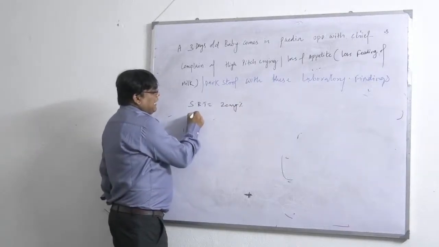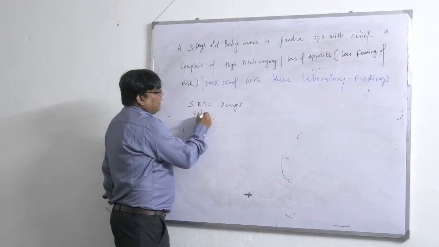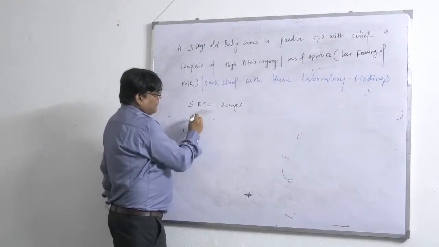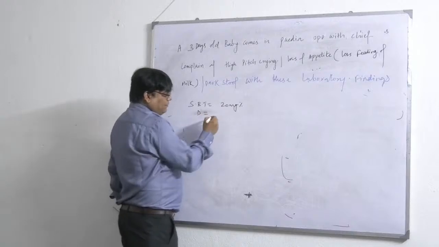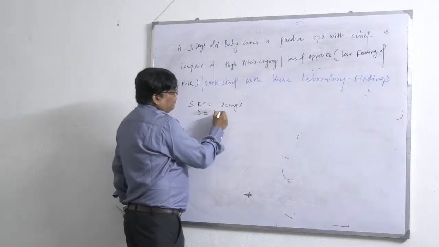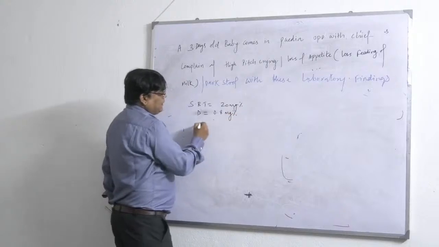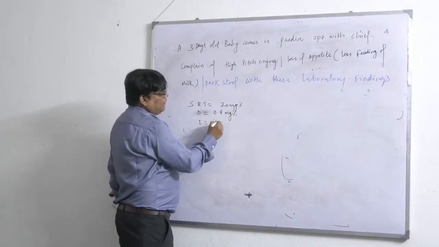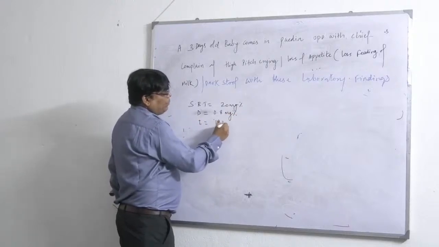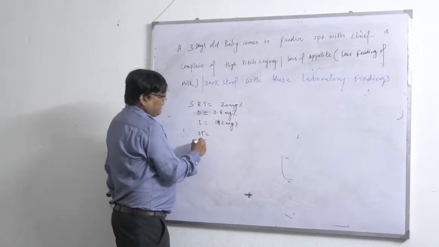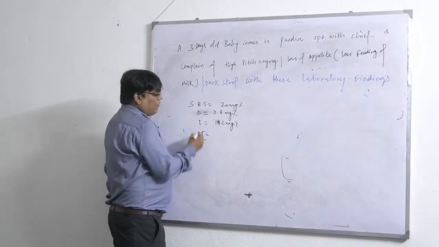The unconjugated or indirect, firstly we calculate direct, is 0.8 milligram percentage and indirect is 19.2 milligram percentage. Okay, SGOT and SGPT are both normal.